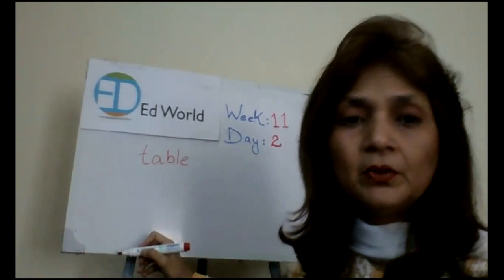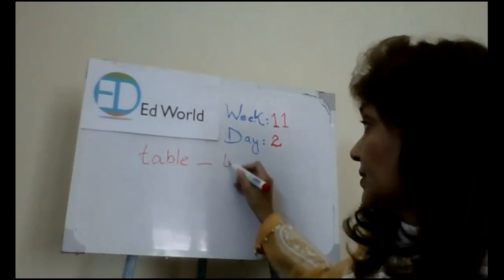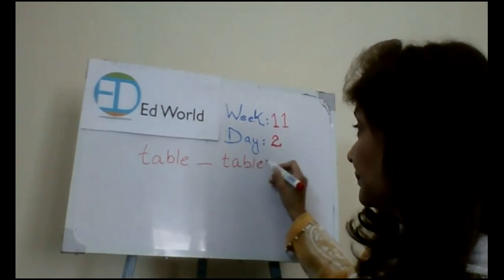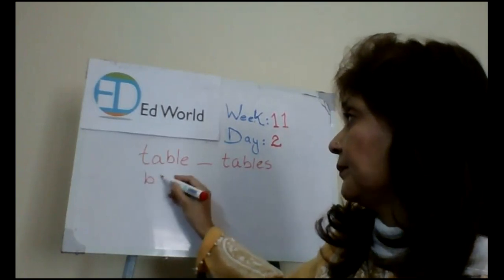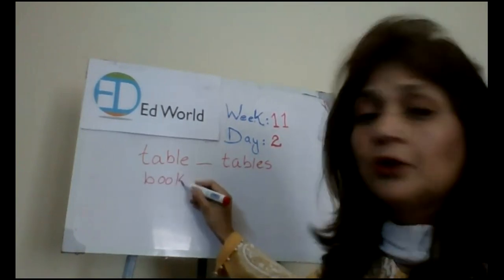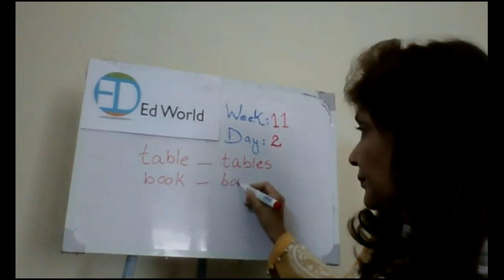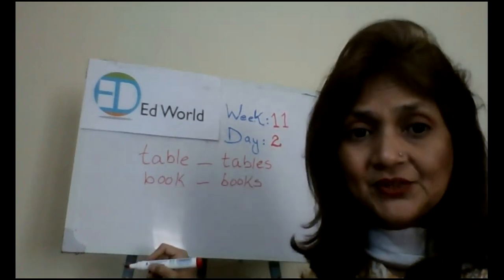What would be the plural? It would be tables, right? Now comes book. The plural of book would be books, right? Yes or no?